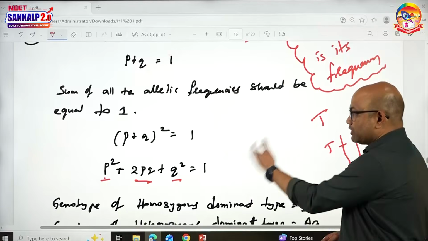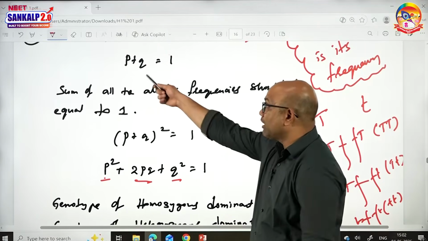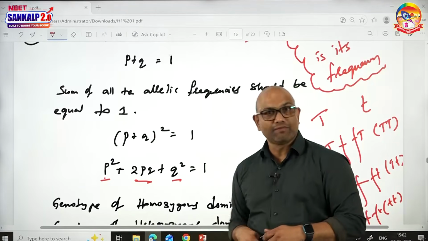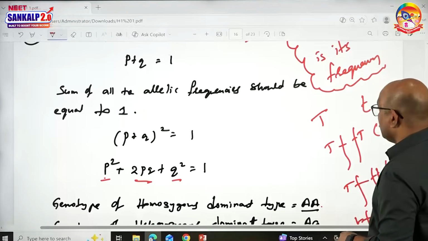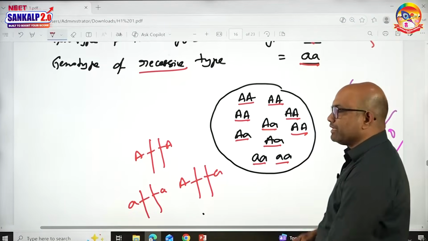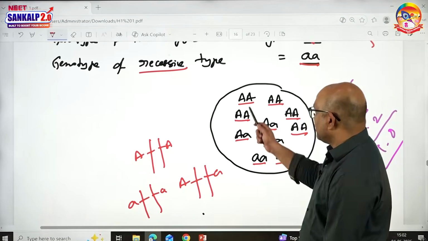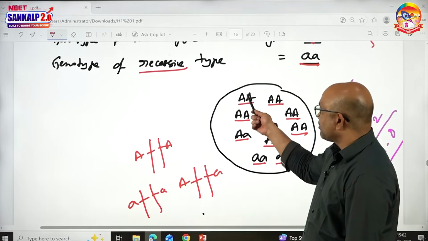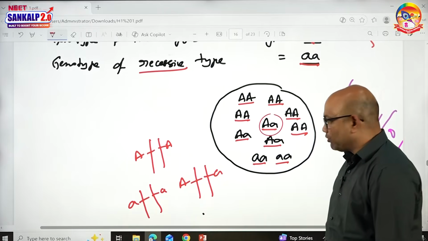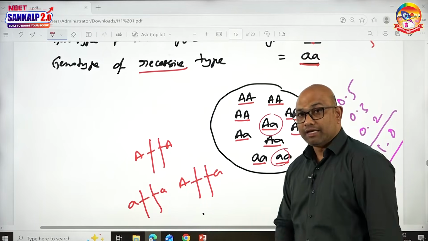So what is p squared, what is 2pq, what is q squared? We already know what p and q are: p is the dominant allelic frequency, q is the recessive allelic frequency. Alleles are in the form of pairs forming genotypes. Two capital A's form the homozygous dominant genotype, one capital A and one small a form the heterozygous dominant genotype, and two small a's form the recessive genotype.